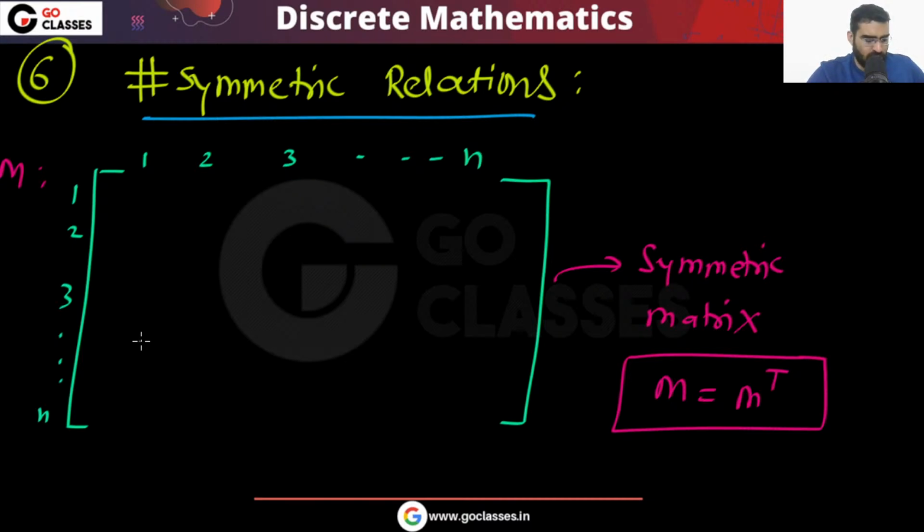Okay, so now let's see how many symmetric matrices you can create. This is a very simple point. Every entry is 0 or 1.